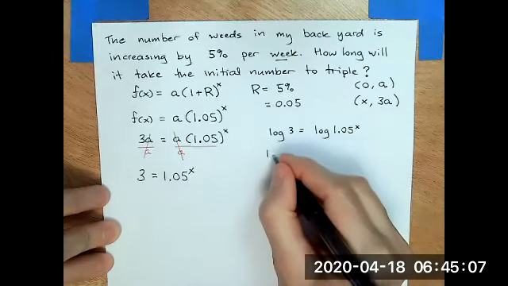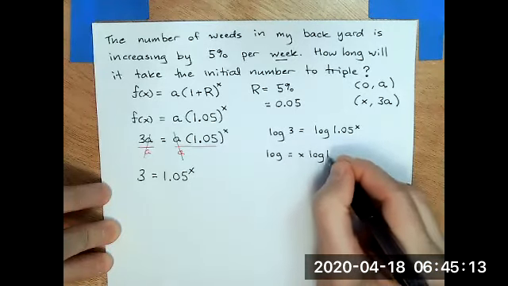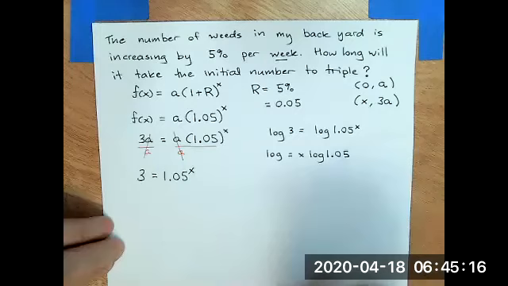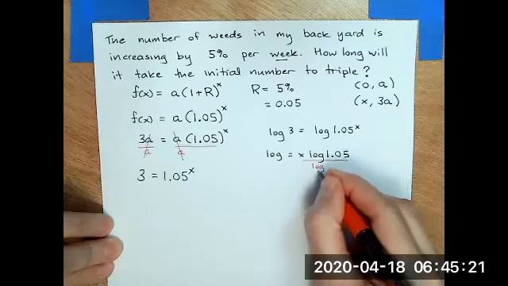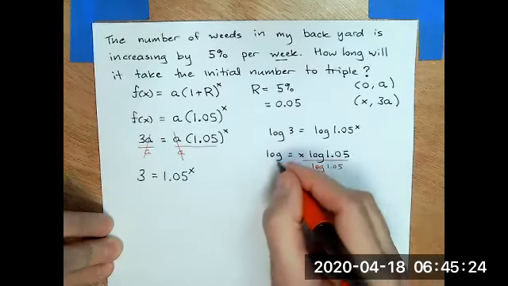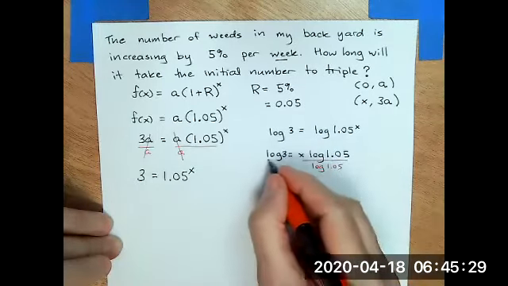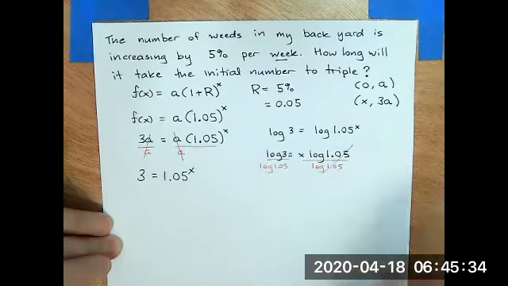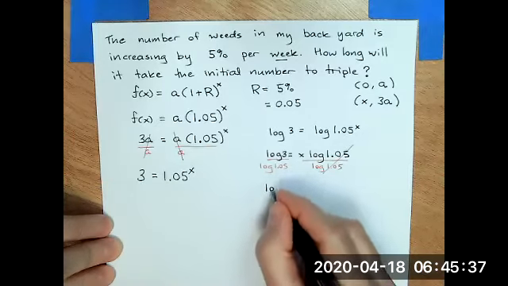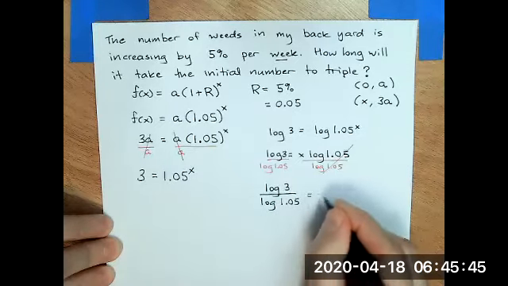Bring the x out front. And divide both sides by the log of 1.05. So my tripling time is the log of 3 divided by the log of 1.05.